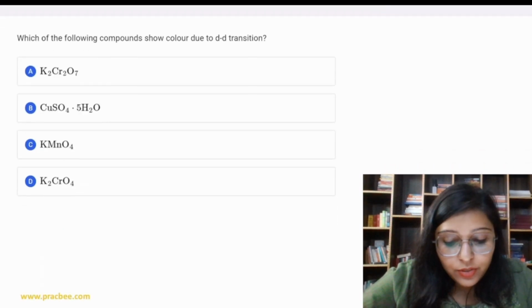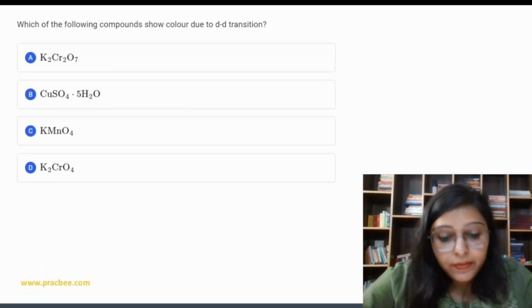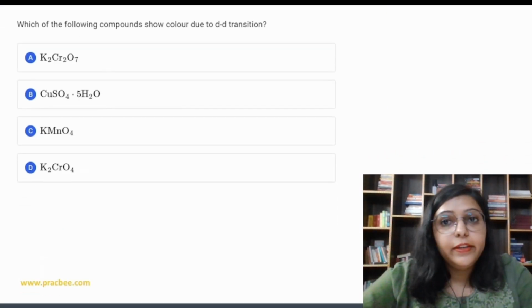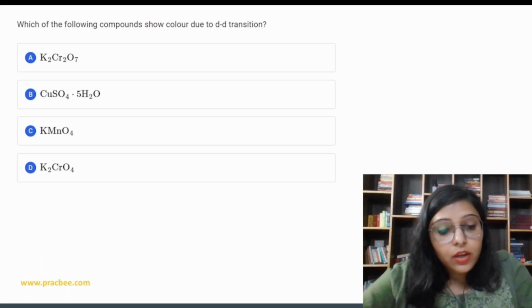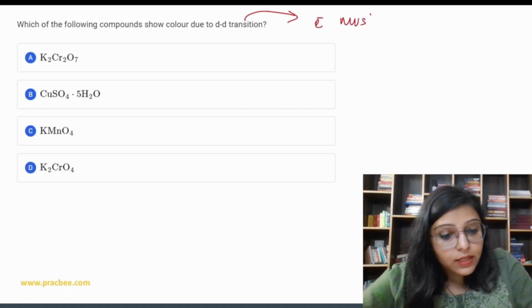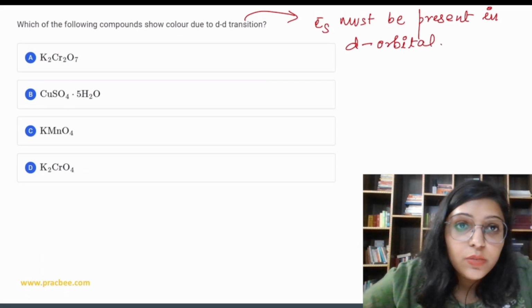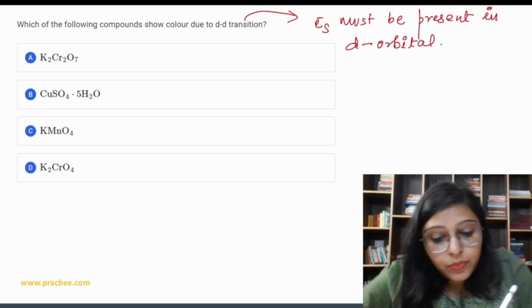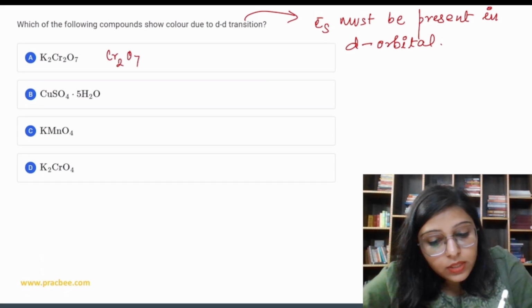Now let's do the next question. Which of the following compounds shows color due to d-d transition? It means electrons must be present in d orbital. Here we have Cr2O7 2 minus.